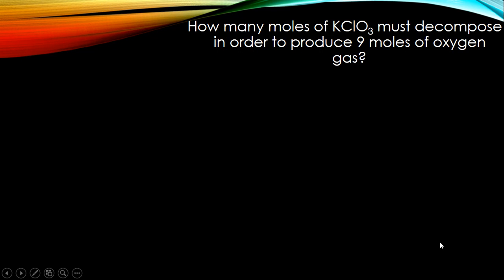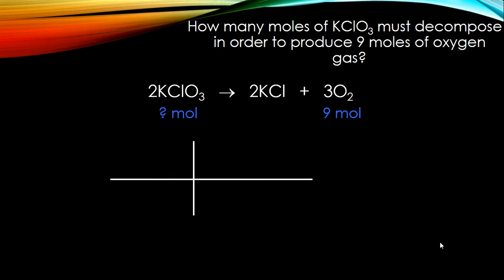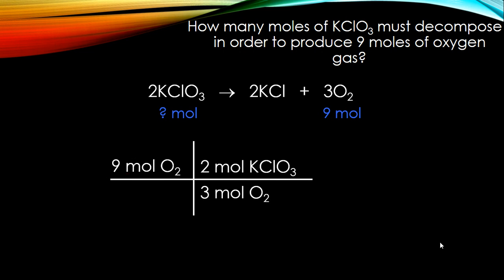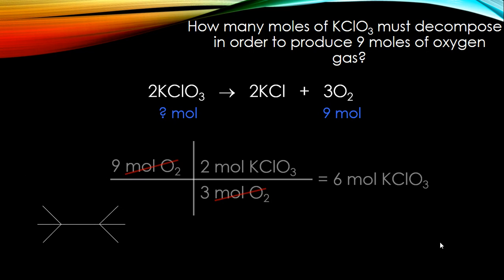So these are the kinds of problems that you would get. So this is just visualizing using the graphic organizer, right? We're just going from moles of O2 to moles of potassium chlorate, and we use our mole ratio to do so.